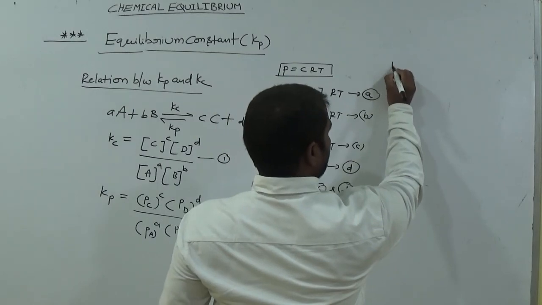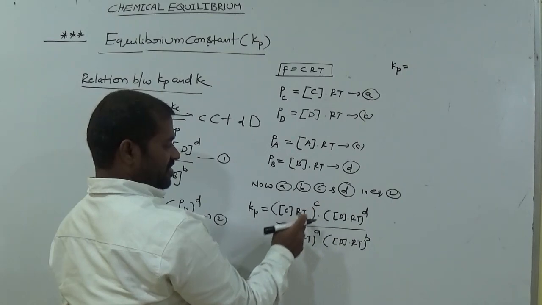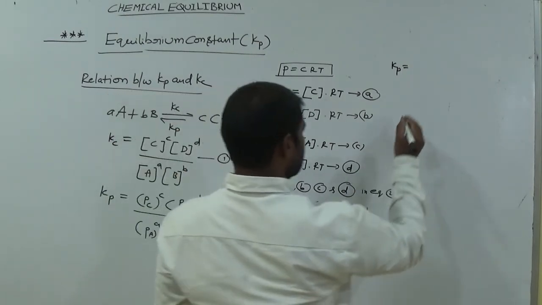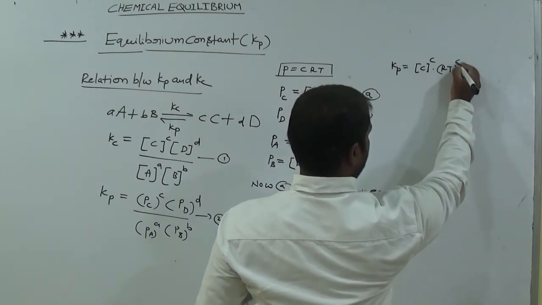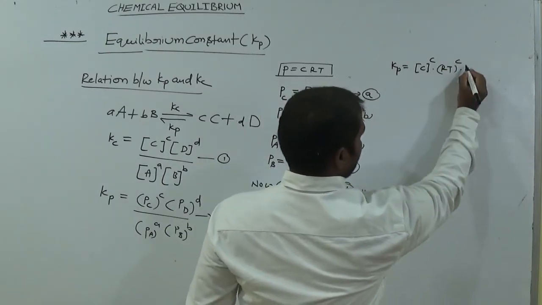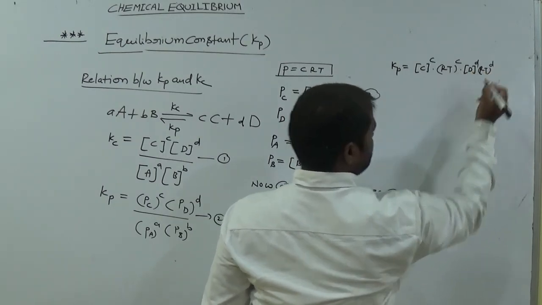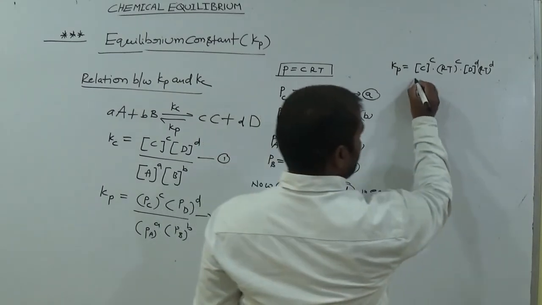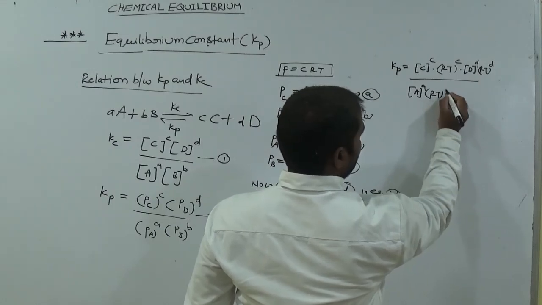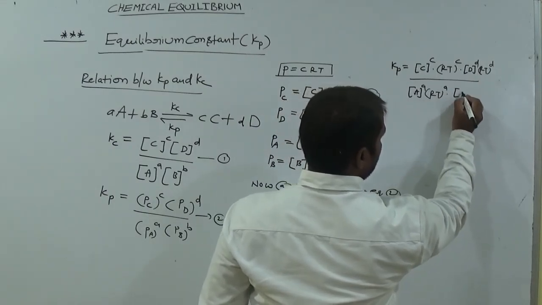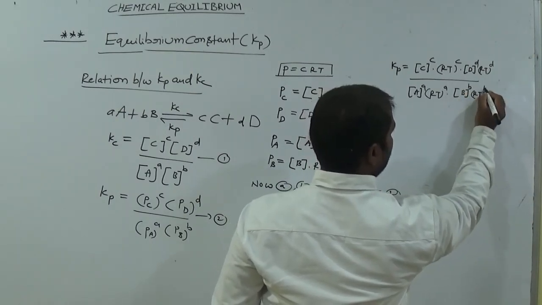So now Kp is equal to C to the power c, RT to the power c, into D to the power d, RT whole power d. Am I right? And here A to the power a, RT whole power a, and here B to the power b and RT whole power b.